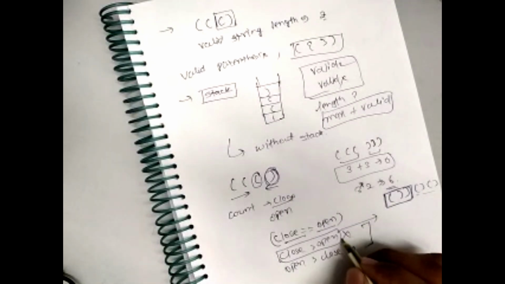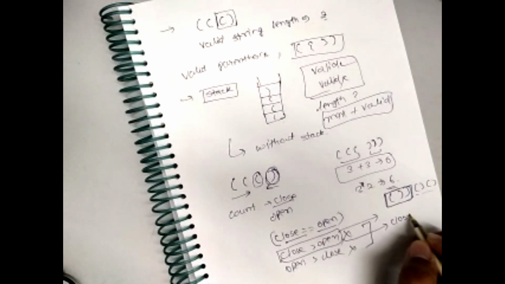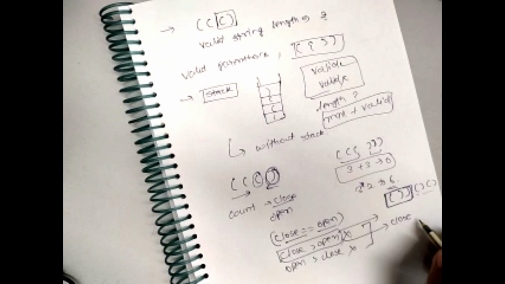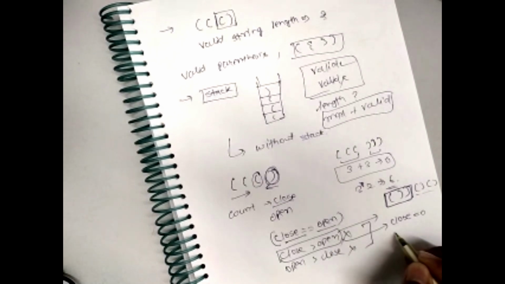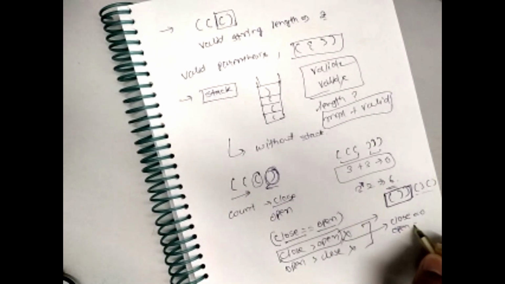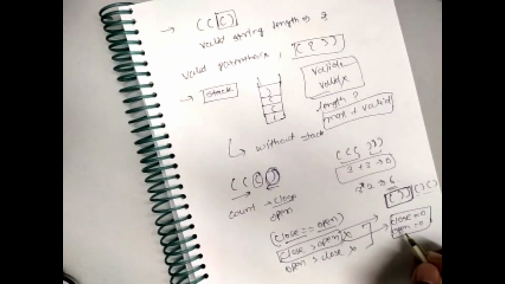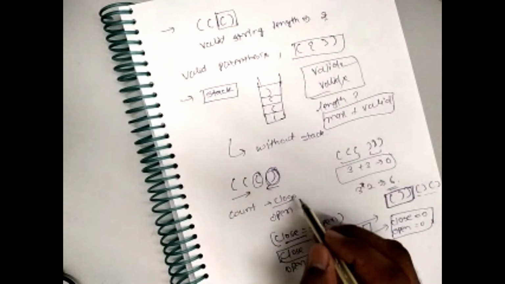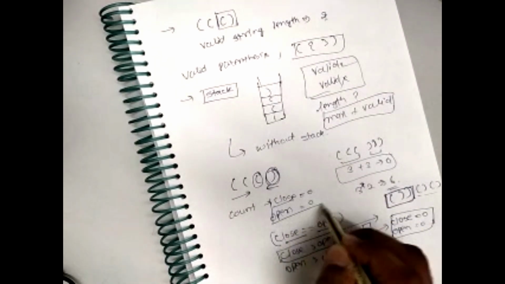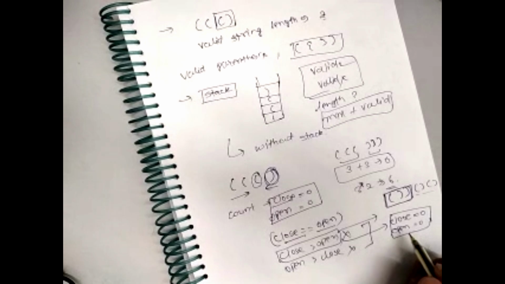So in this case, if we find this condition, close becomes 0 and open becomes 0, and we start again from the very initial position, where at the start they are both 0 and 0. So at this point, you have to make them 0.